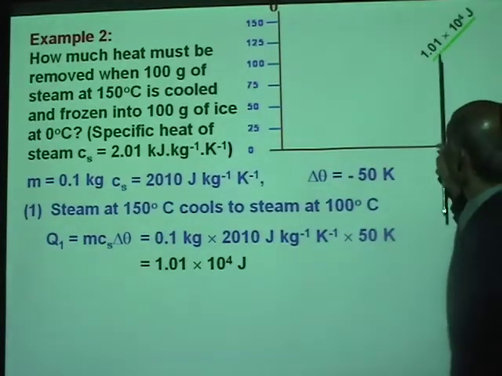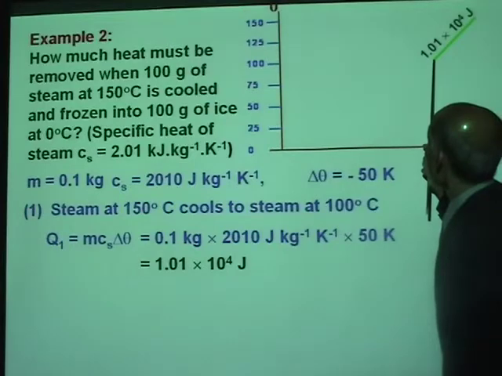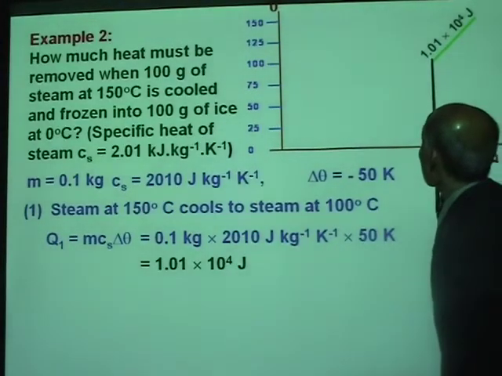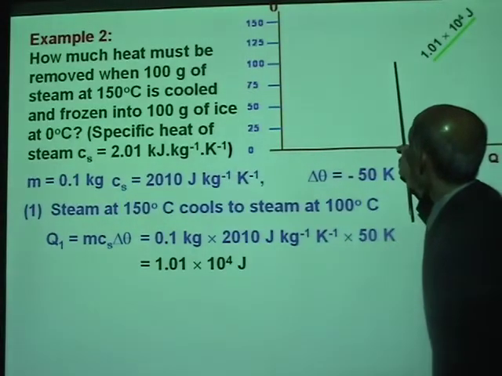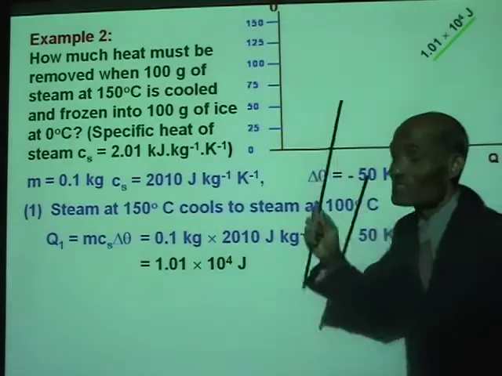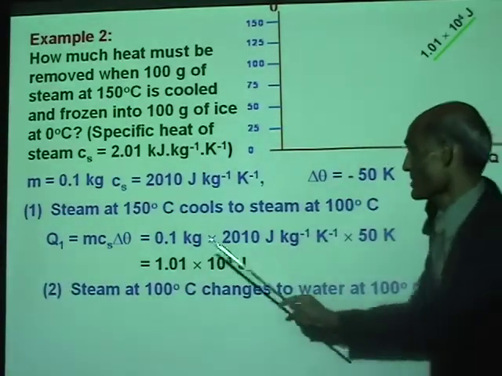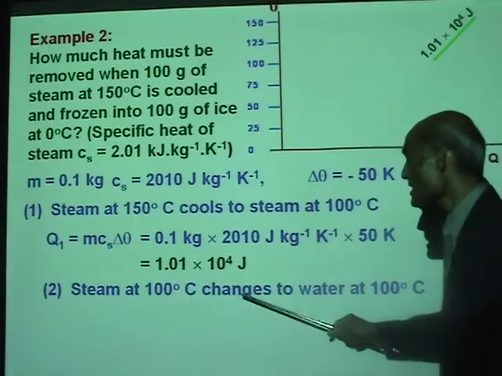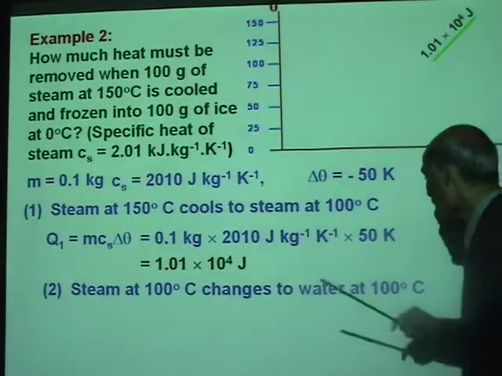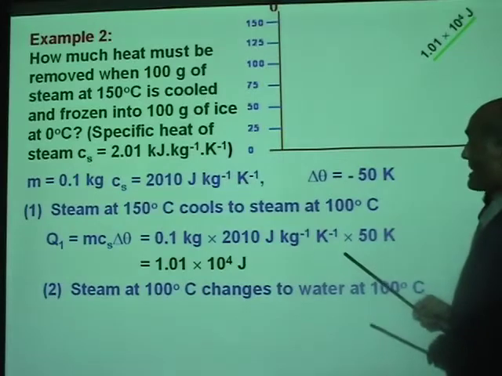What is the next stage? This is steam at 100 degrees Celsius. All that is now going to condense to water at the same temperature. There is no temperature change. So steam at 100 degrees Celsius changes to water at 100 degrees Celsius.